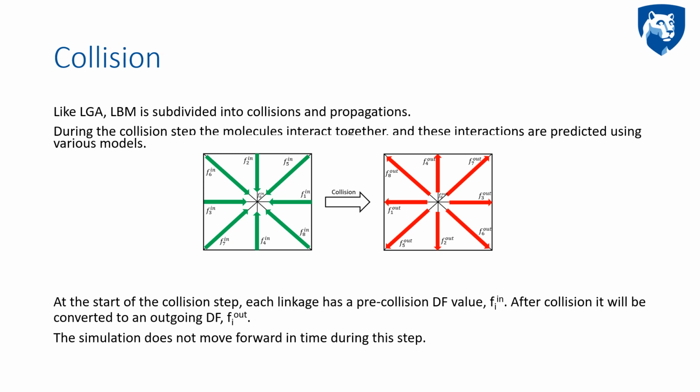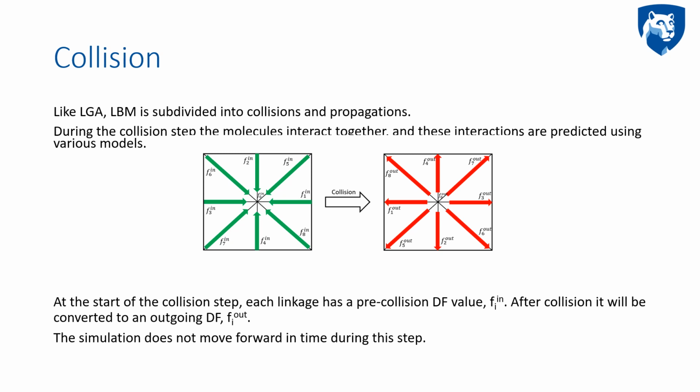At the start of each collision step, every link has a pre-collision value, which we will refer to as f_in, given right here, which means the incoming distribution functions or the incoming molecules. After the collision, these are converted into outgoing distribution functions, and their values will change according to the interaction between these molecules. During the substep, the time of the simulation does not progress.